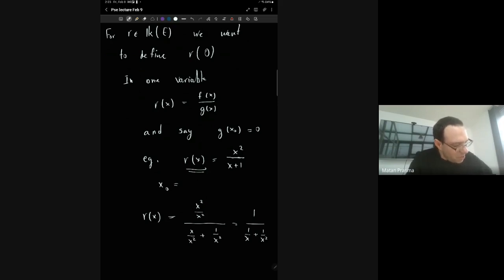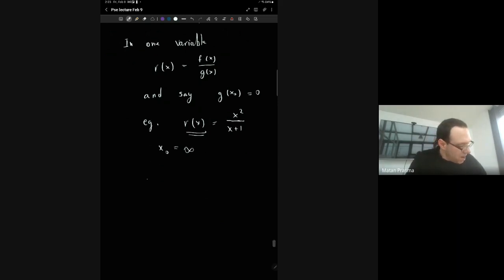I could also define it at a point in which the denominator vanishes, but I want to see what we do in the one variable case when we substitute infinity. So I write R(x) as x squared divided by x squared, over x squared plus 1 over x squared.